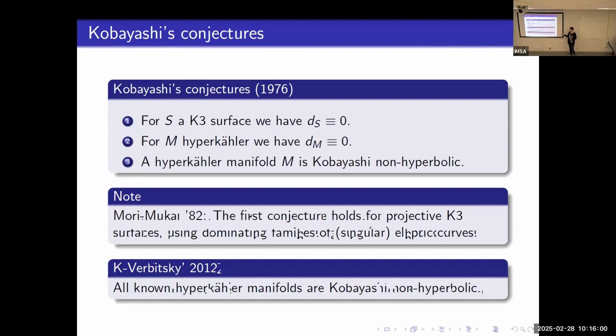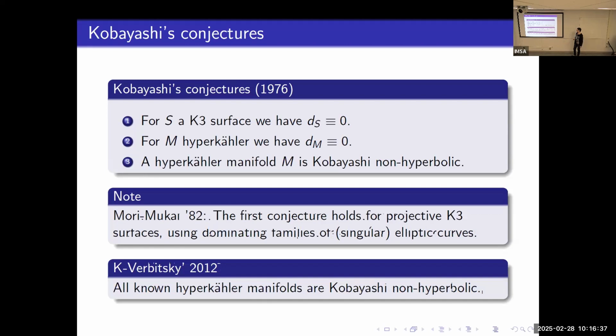So then, because Lagrangian fibrations are dense in the moduli space of hyperkahler manifolds, it means that you can take any hyperkahler and analytically get it as the limit of Lagrangian fibrations in the moduli space. And therefore, once you have a Lagrangian fibration and you have the density result, you have non-hyperbolicity of hyperkahler manifolds.